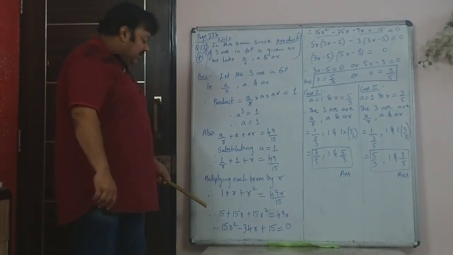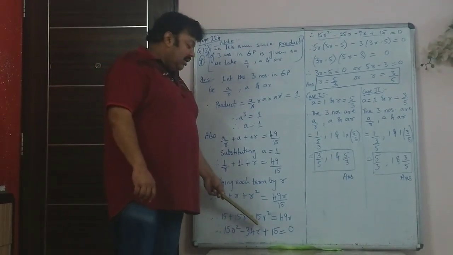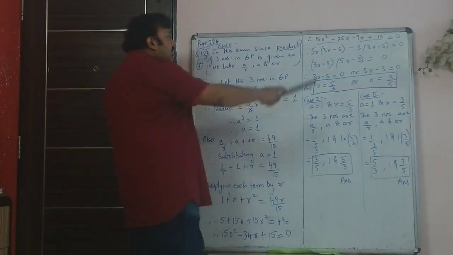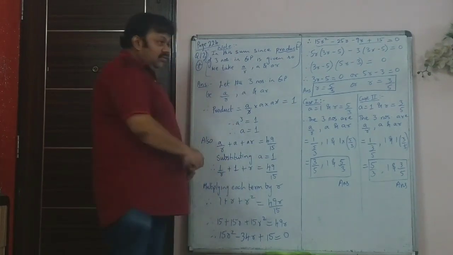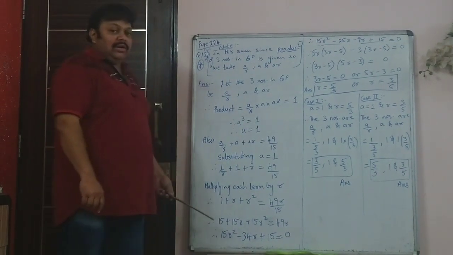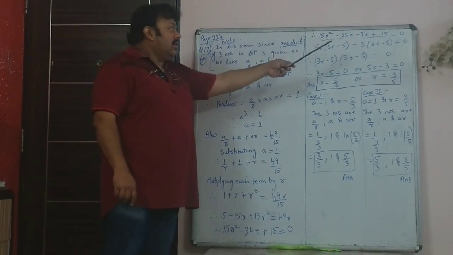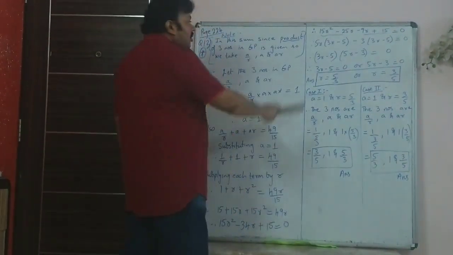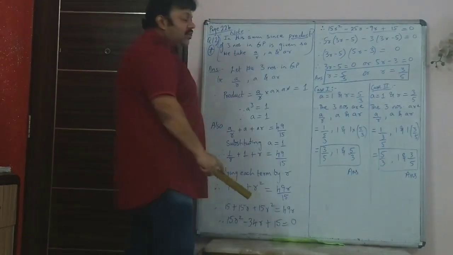So when I simplify, I get the equation as 15r squared minus 34r plus 15 equal to 0. So 15r squared, that 34r we split and write as minus 25 and minus 9. On adding it gives you minus 34r, and on multiplication both will give you 15 into 15, that is 225r squared.